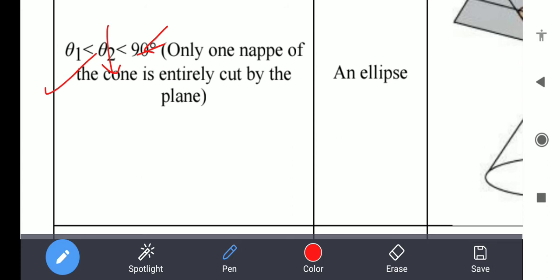If theta 2 is less than 90 degree but greater than theta 1, where theta 1 is the angle between generator and axis and theta 2 is the angle between plane and axis, that is, if the angle between plane and axis is less than 90 degree but greater than the angle between generator and axis, in this case the shape formed is an ellipse.